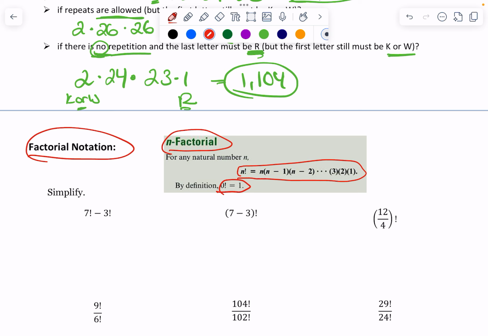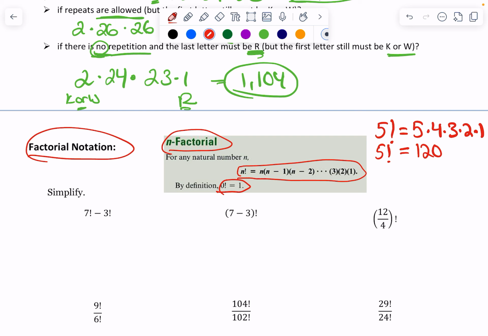For example, 5 factorial is 5 times 4 times 3 times 2 times 1. So we're subtracting 1 from the next one and multiplying them, and we get 120.